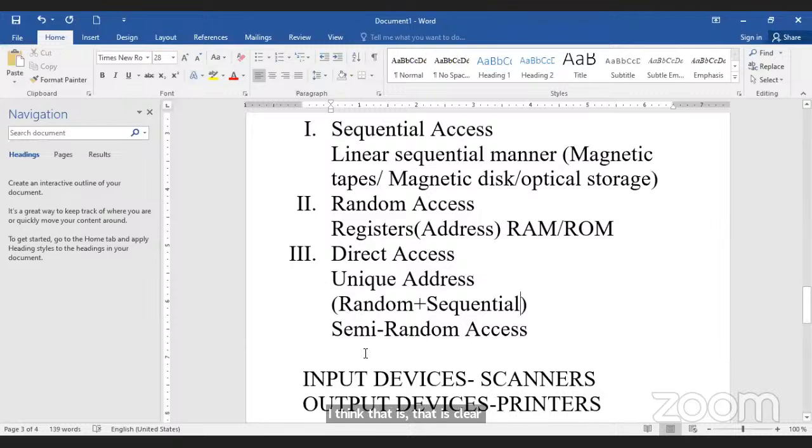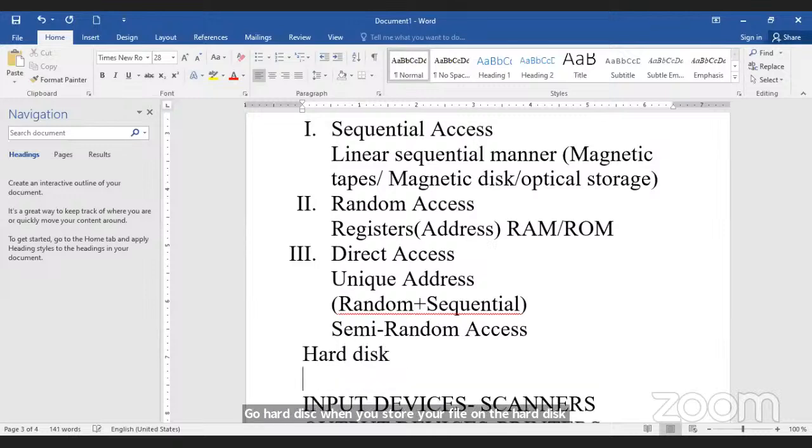So when you store your file on the hard disk, you can access those files directly by using a unique address. Remember we mentioned the memory bus, the data bus, and the control bus.